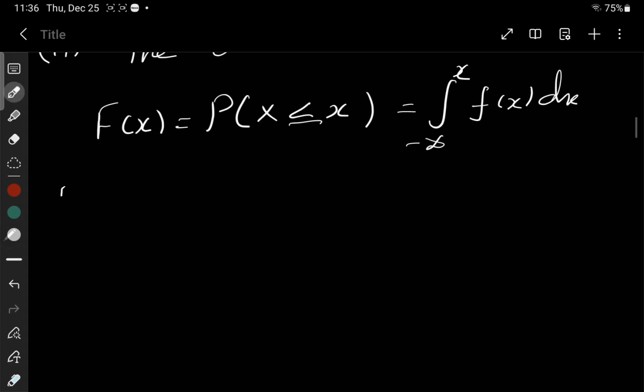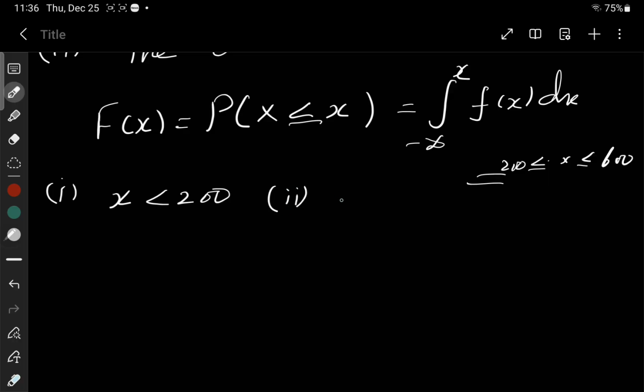So, here three cases arise for you because x is defined in the interval 200 to 600. What happens for capital F of x when x is less than 200?